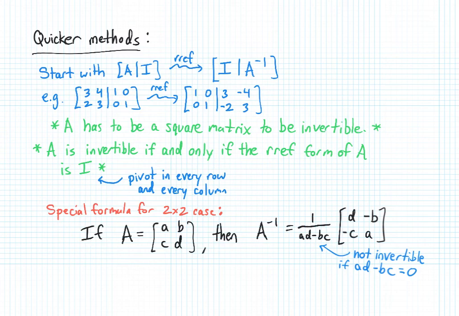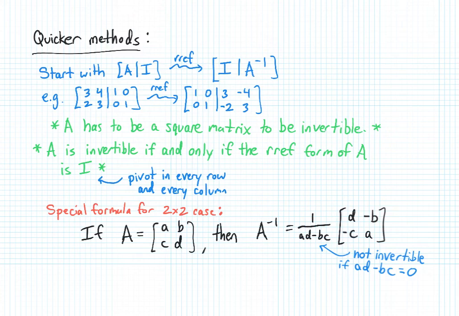There actually isn't a great explanation for where this formula comes from, other than just a brute force calculation. If you go through this process of doing Gauss-Jordan elimination on a general matrix with A, B, C, D as the entries, then this is the formula that you get. But one interesting thing that comes out of this is that you've got this expression AD minus BC in the denominator.